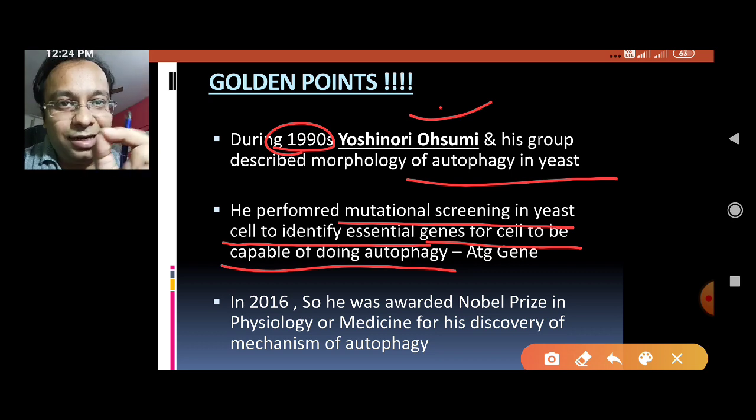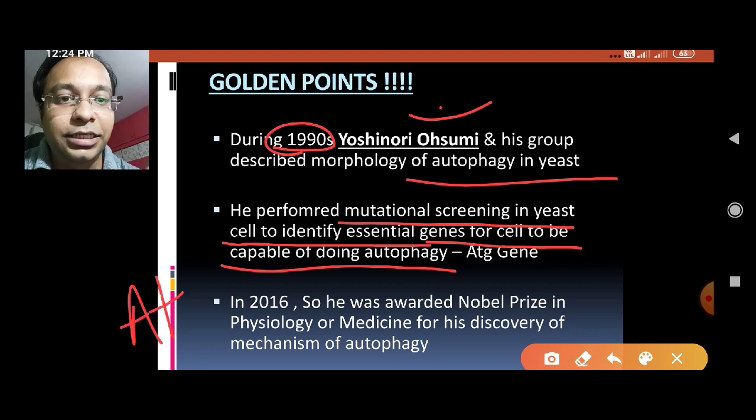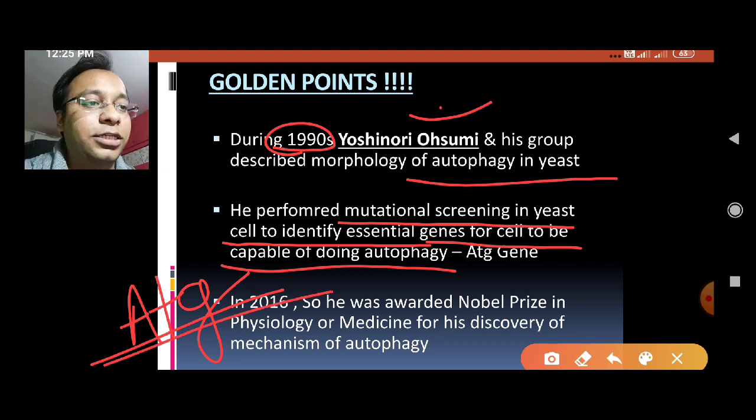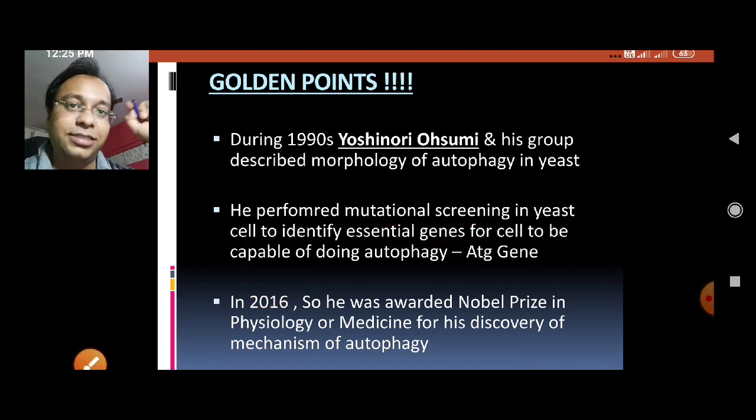The genes responsible for autophagy were given the name ATG genes. So the ATG gene is related to autophagy, and this work was done by Yoshinori Ohsumi since 1990.